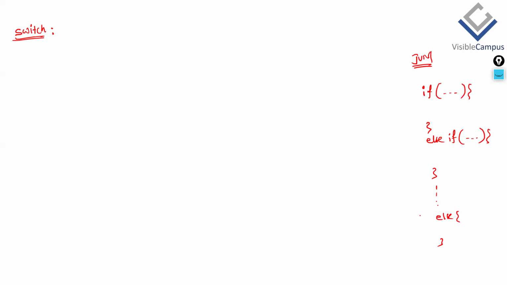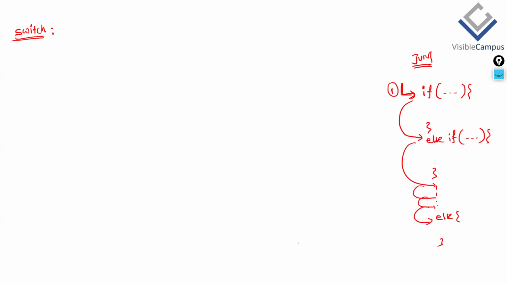Will the JVM ever go directly to the else block or directly to an else if block? No. The JVM comes from the first if. True or false is a secondary situation, but the JVM will execute this condition first. Assume this is false. Then where does the JVM go? To the next else if. Again, assume this is also false. Then the next else if, like this. Then finally the JVM comes to the else block.